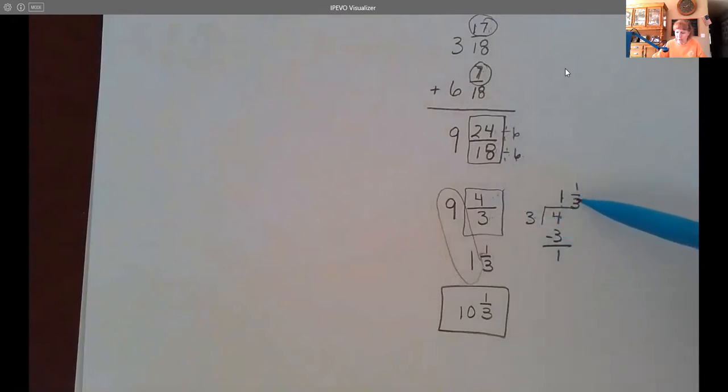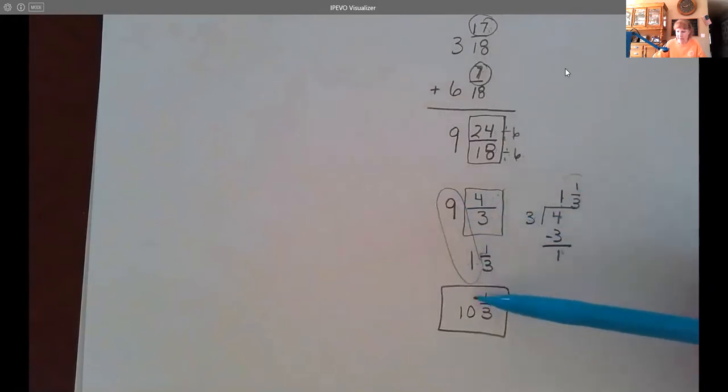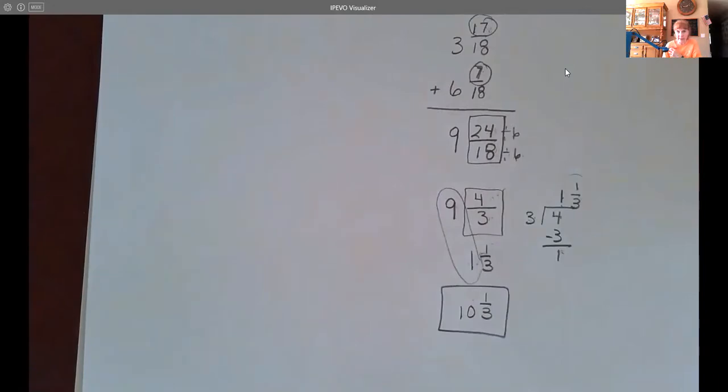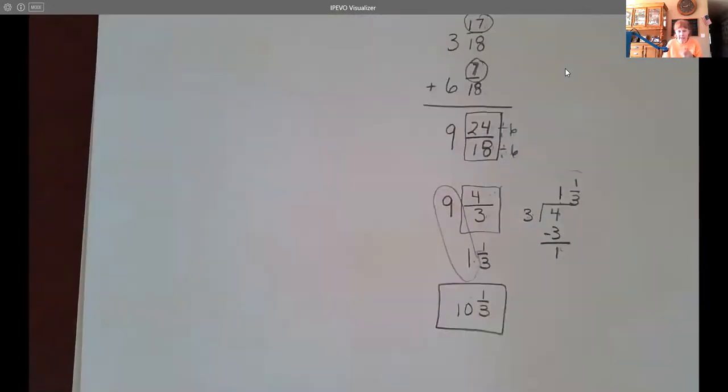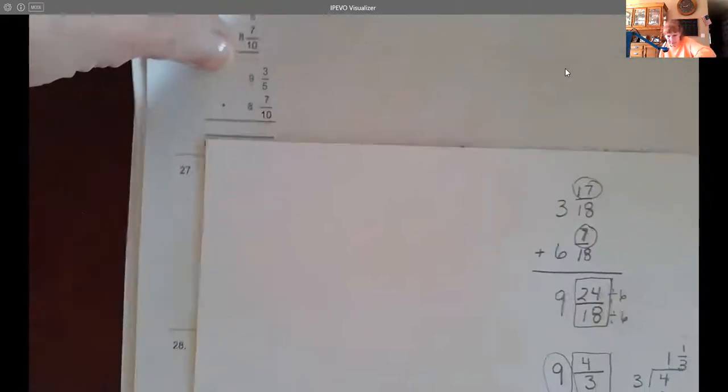I get 1 and 1/3. So it goes once with 1 left over, 1 over the divisor. And then I took that 1 and 1/3 and I added the 9 and the 1. 10 and 1/3 is your simplified answer. All right, just take your time. I don't think any of the steps are too bad, but let's look at another one.